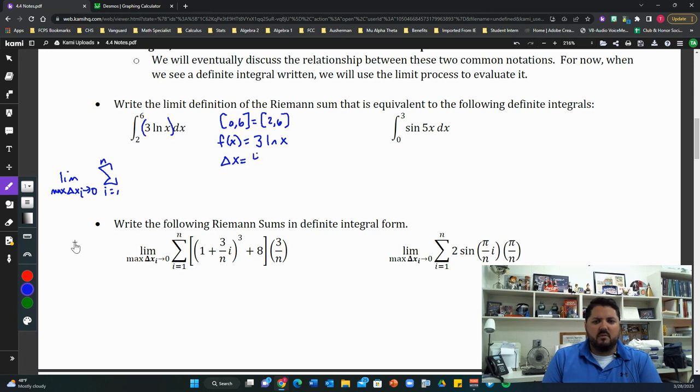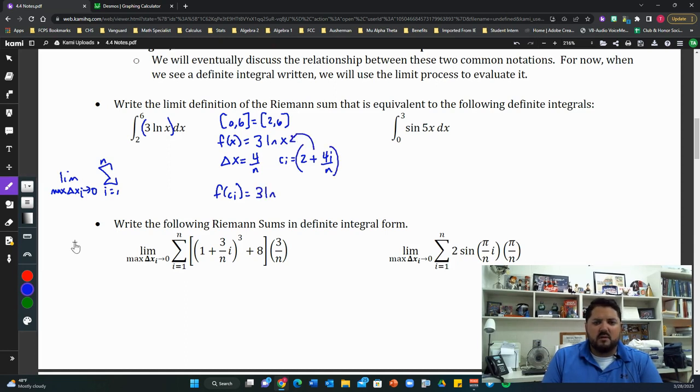So b minus a would be 4, so divided by n. My c sub i, my right endpoint, would be my a plus delta x times i. So in this case, 2, because that's my a, plus 4i over n. Then for my heights, we would take f of c sub i. So I'm going to stick this guy into my f of x.